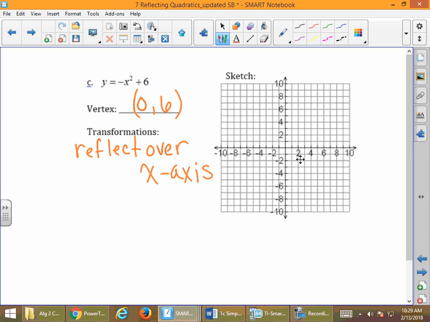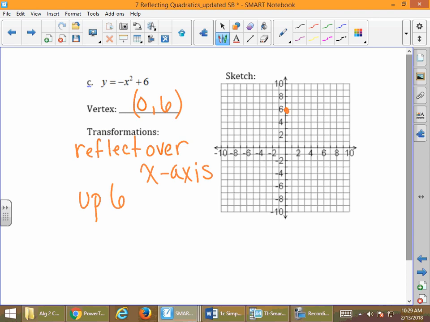The negative is in front of the x squared. So it's outside of the function. Plus 6 is also outside of the function, which means we're going to go up 6. If you do have a graphing calculator, you can just type that in and that might be able to help you.